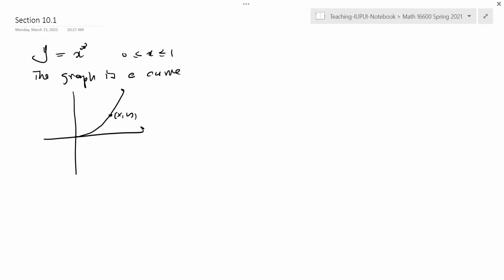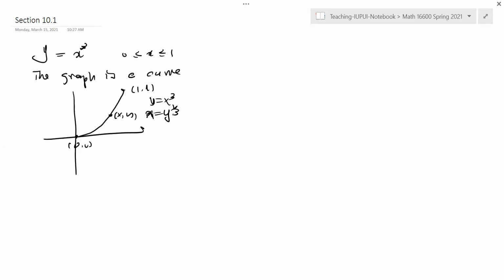Y is not arbitrary, otherwise you're not going to get a curve. So this is the 1 and the 1, here's a 0 and a 0. The curve consists of all the points with coordinates x and y, where either y depends on x or x depends on y. Actually this is y equals x cubed, and also x is y to the 1/3. It doesn't matter which one.